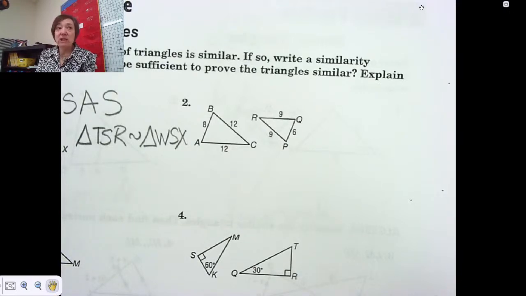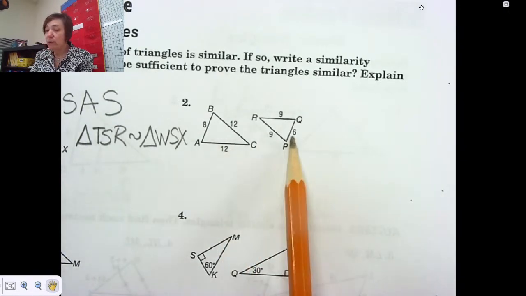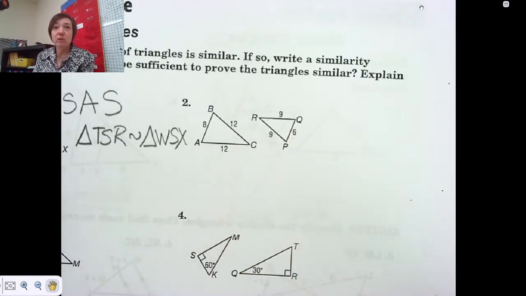That means we'll have to set up ratios for each set of sides to see if those ratios are the same. If they are the same, then they are similar. But we have to check each side because that's all we have is side information. How do you know which side compares to which side when we don't have any angles? How do you know which one to compare?